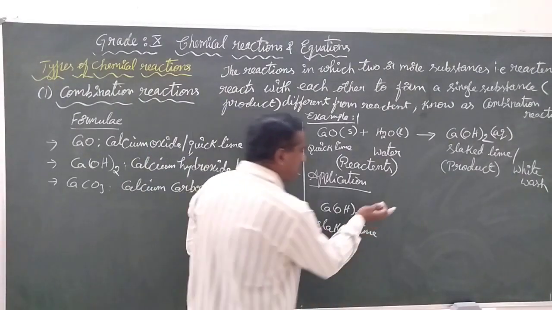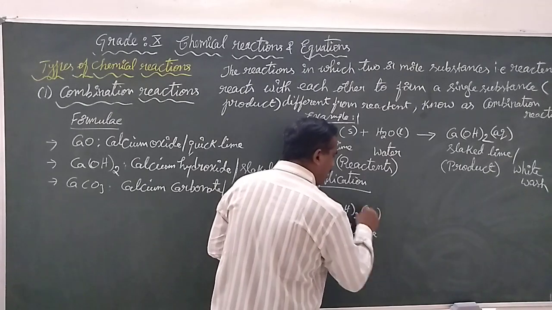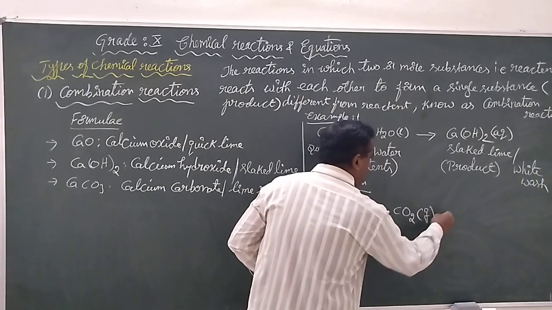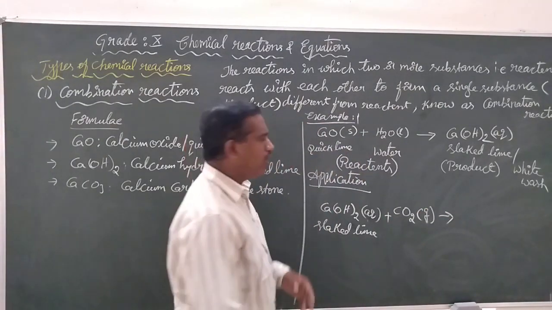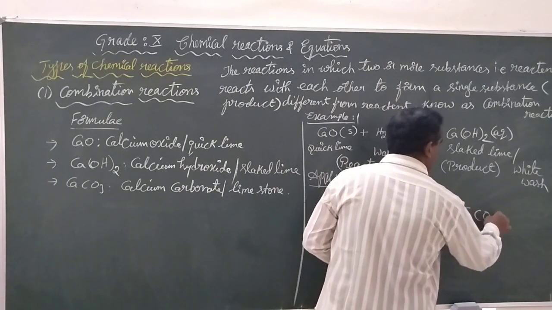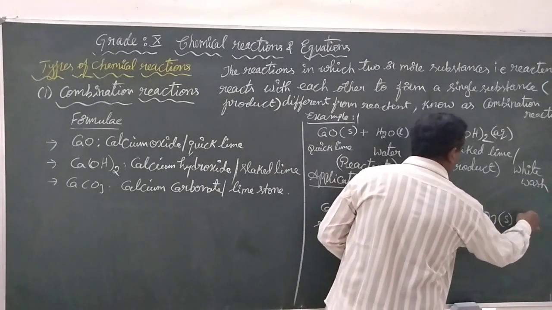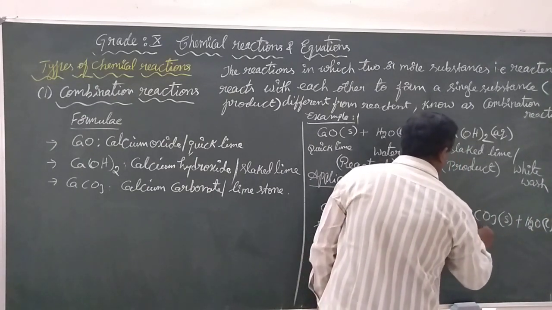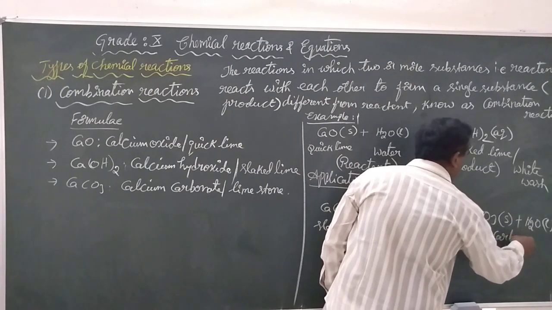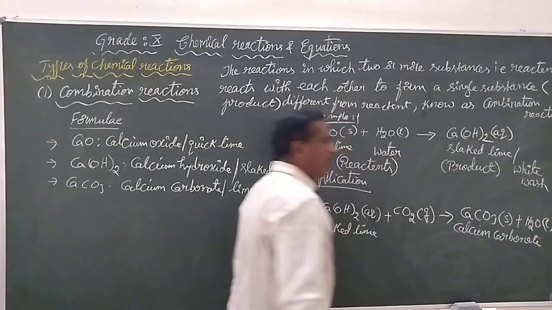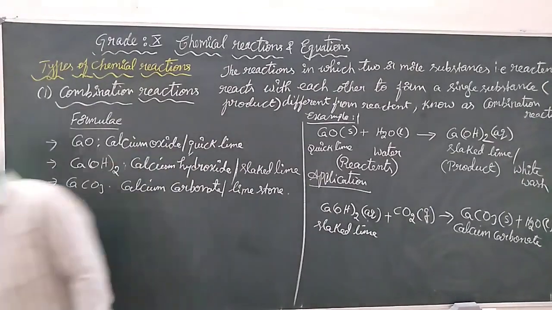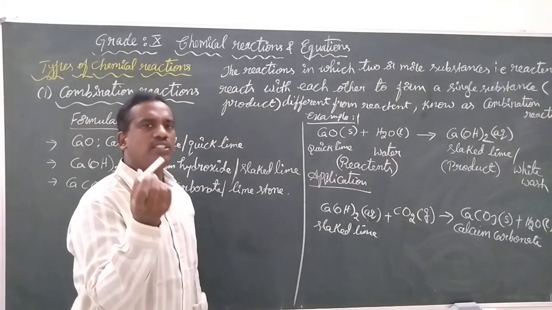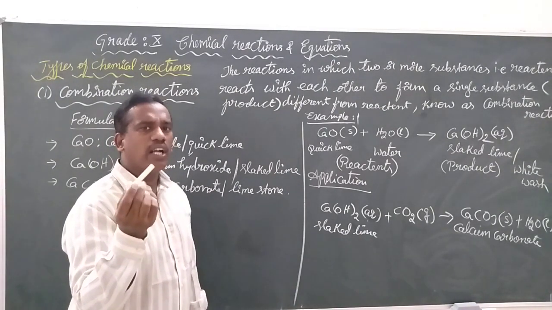Why? Because this slaked lime, which is aqueous, when applied onto the wall, reacts with atmospheric carbon dioxide to form calcium carbonate. What is the color of the chalk piece we have? We can find the piece of chalk is white in color. What is the formula of chalk? Calcium carbonate.